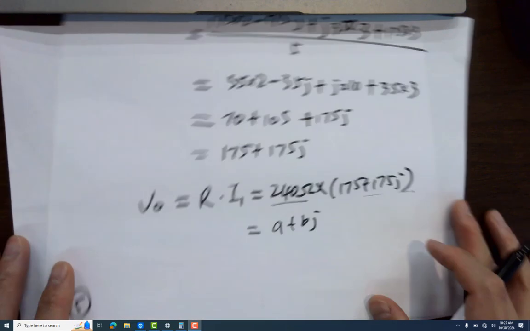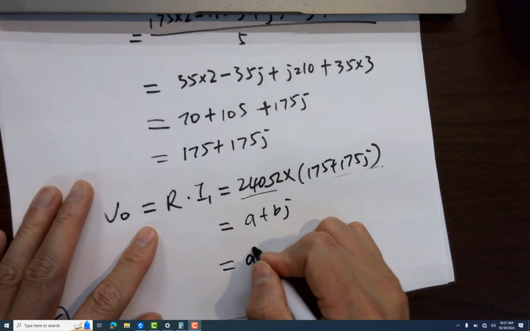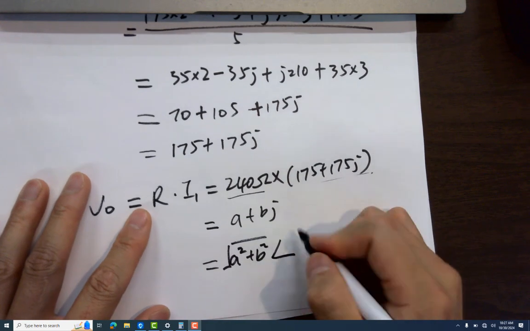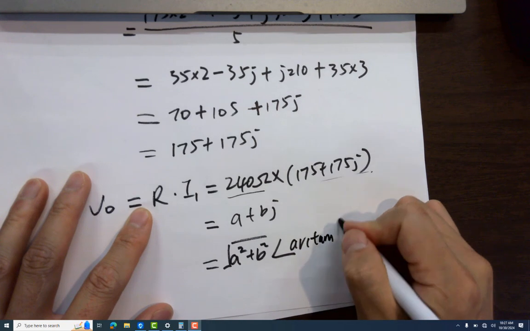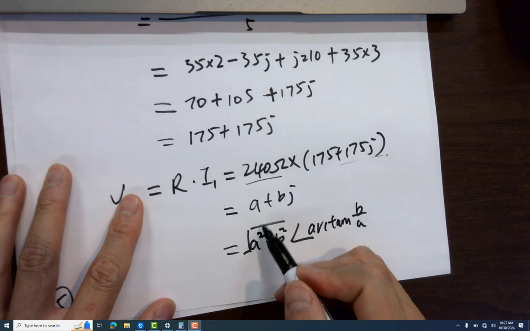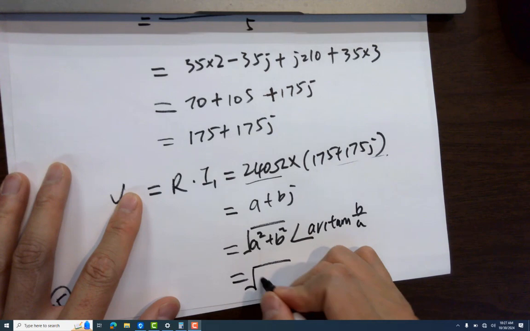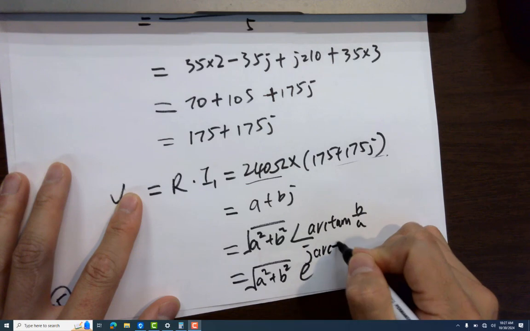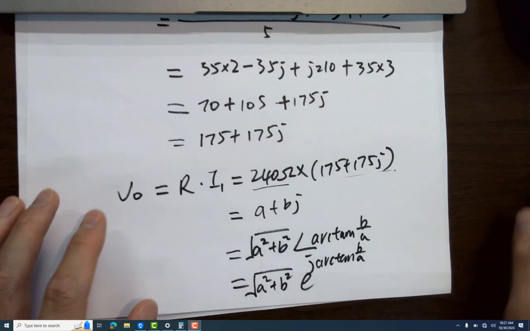How do you convert it to the phasor form? The amplitude is the square root of A squared plus B squared, and the angle is arc tangent of B over A. That's the first form, where you show an amplitude and an angle. Or you can use the E form, right? Those are all the forms you can use to represent the result.